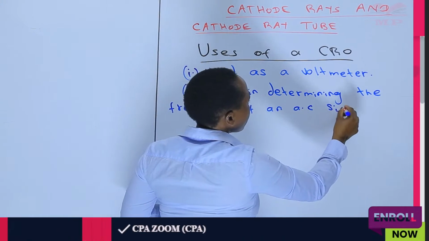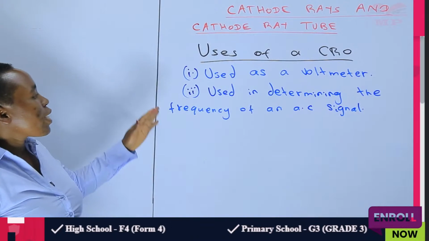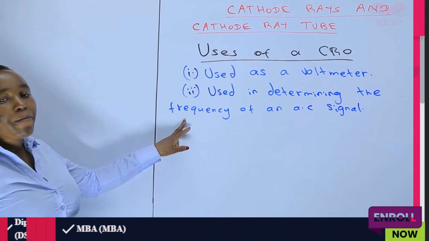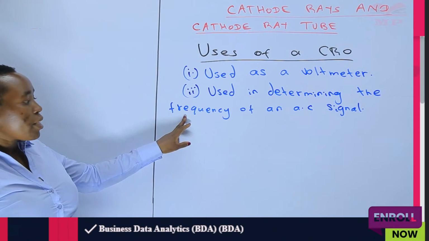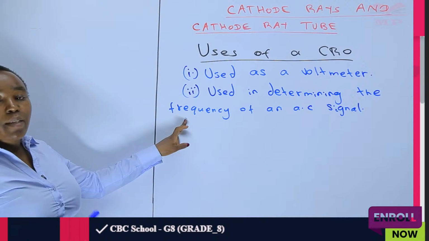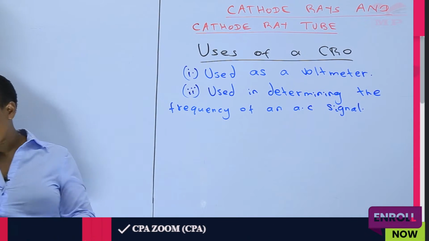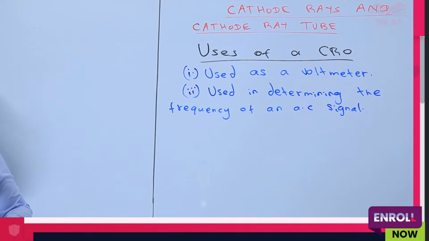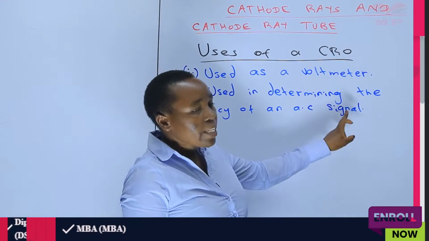So we will also explain how a CRO can be used to determine the frequency. Remember, we know what frequency means. When we talk of frequency, it simply refers to the number of complete oscillations in 1 second. So it can also be used in determining the frequency of an alternating current signal.